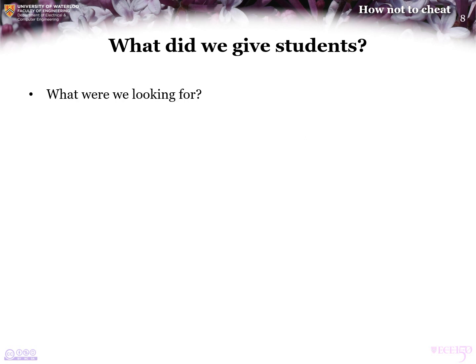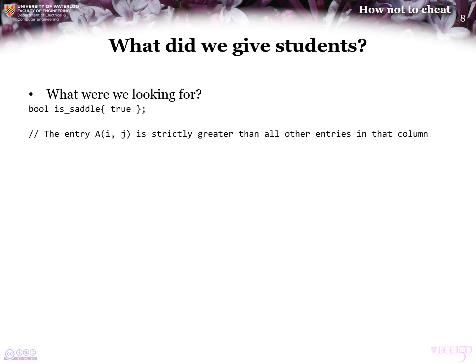So what were we looking for? Well, we would nominally expect students perhaps to consider having a local variable isSaddle, which is initialized to the value true. Then we expect them to check to make sure that Aij is strictly greater than all other entries in that particular column.